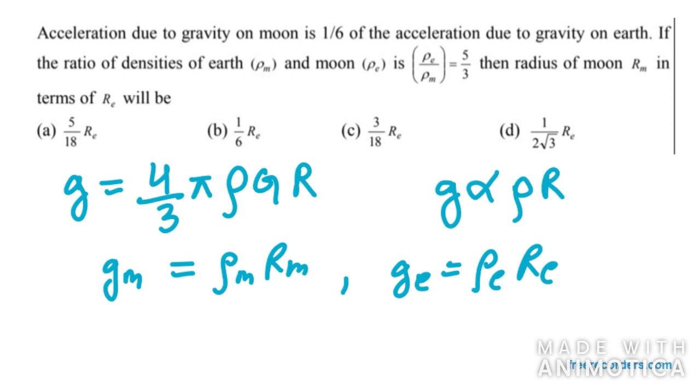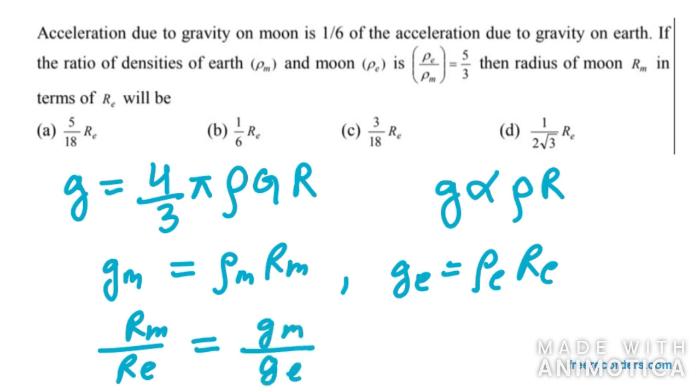Now I will equate these two. So Rm over Re will be Gm over Ge, and we have rho e here and rho m here, because if I find the Rm value from here, it will be Rm equal to Gm over rho m. That's why.